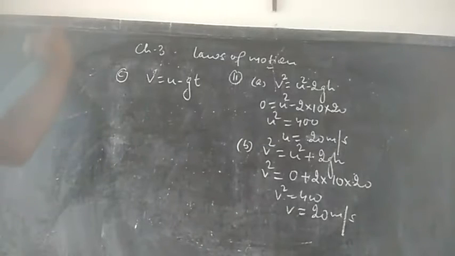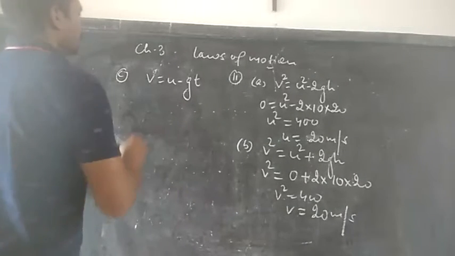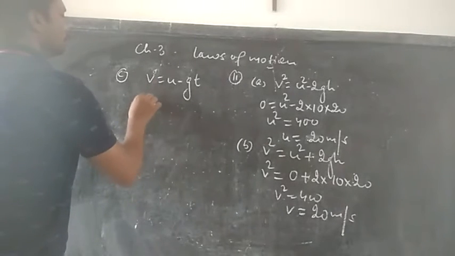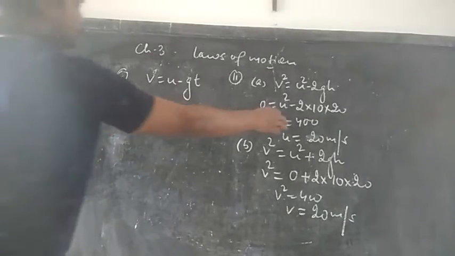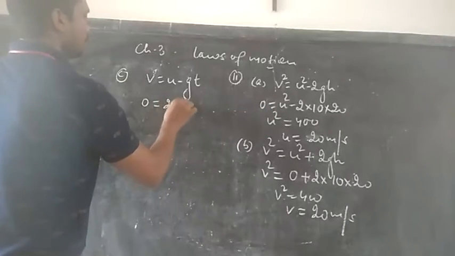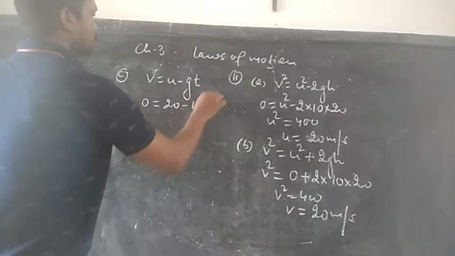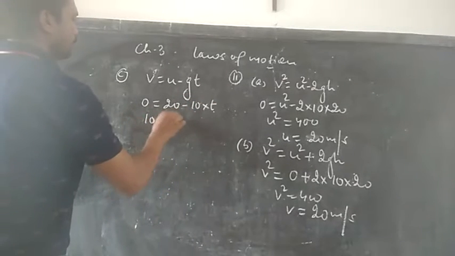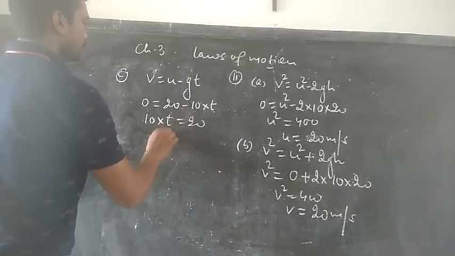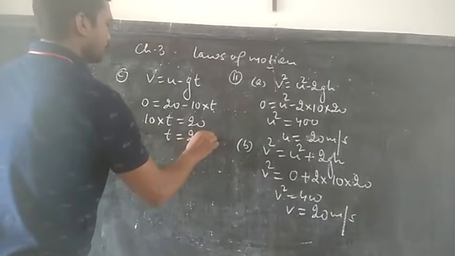For the body when thrown up, v will be 0, and the initial velocity we have already calculated as 20, minus g into t. That means 10 into t will be 20, which makes t equal to 2 seconds.